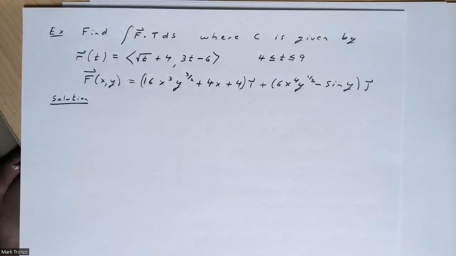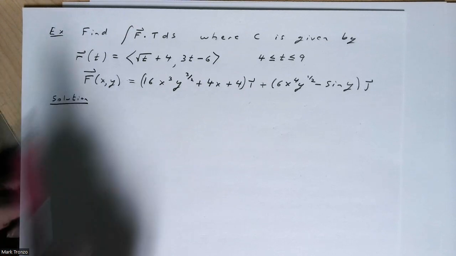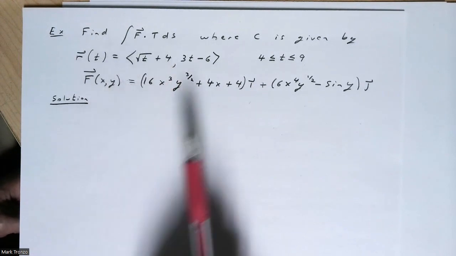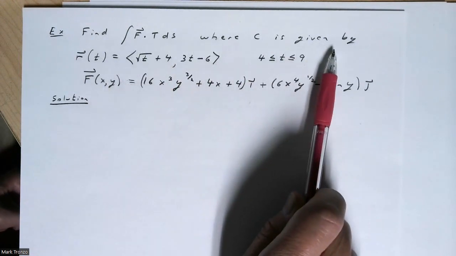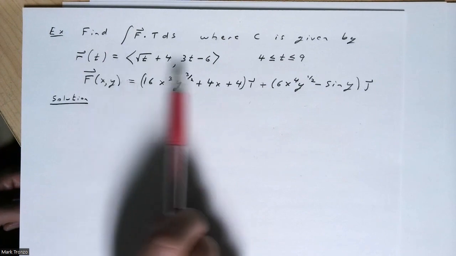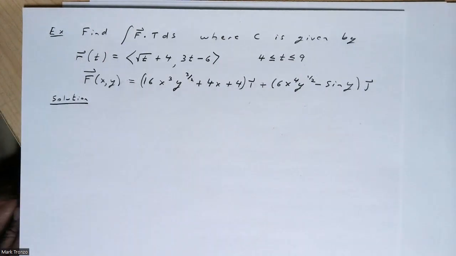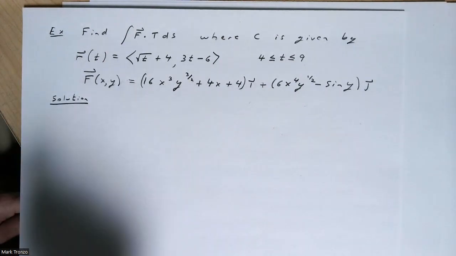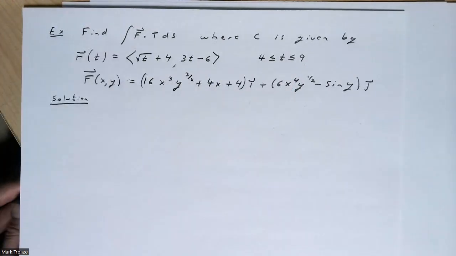So we're going to now take a look at this example. So we want to find this integral here, where C, the curve, is given by this parameterization, and t is from 4 to 9. And this is our vector field. So let's take a look at this.